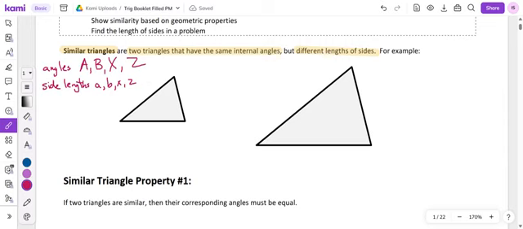That's how you know if I'm talking about an angle or a side. Okay? Now, let's give that first triangle a name. Let's call it A, B, and C.